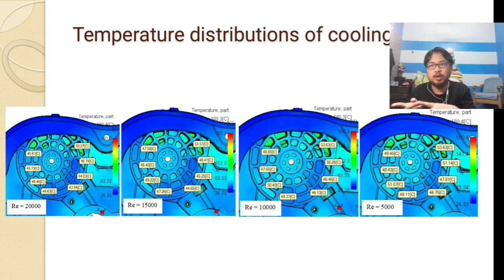The first picture is 5,000, the second picture is 10,000, then 100,000, the third one is 150,000, and the last one is 200,000. In this case, you can see there are different shapes of the temperature, which differ by the variation of the part in the picture.